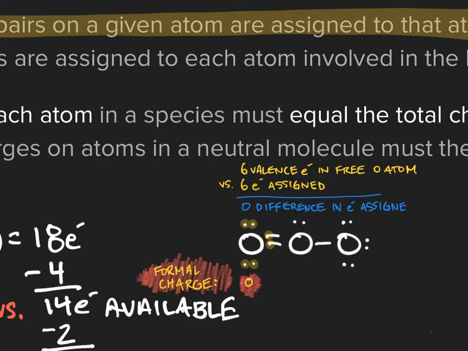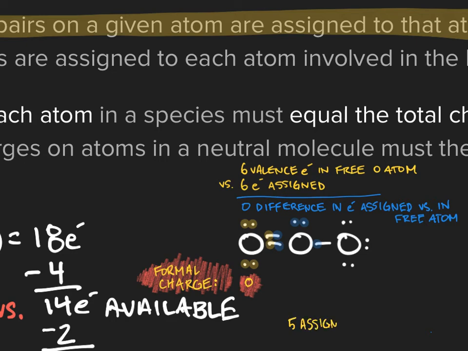But check out that central oxygen atom right now. The central oxygen atom has 1 lone pair for a total of 2 electrons assigned to it. And then we've got 3 bonded pairs of electrons, and we're going to split the bonded pair electrons between the atoms involved. So 3 bonded pairs means only 3 electrons get assigned out of those bonded pairs, for a total of 2 plus the 3 is 5 electrons assigned to that oxygen atom.